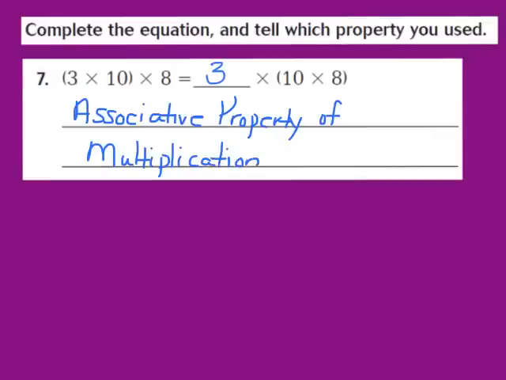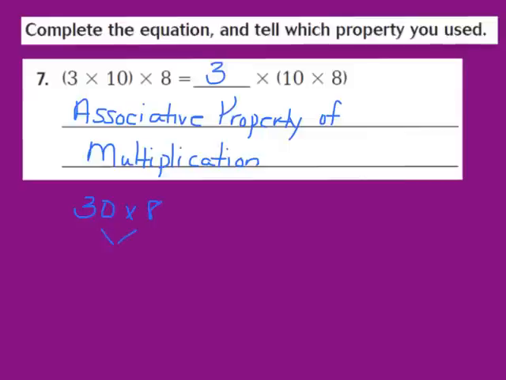Now, what I do want to point out is that on either side of the equal sign, both of the expressions must have the same value. So when I look at the first side of this equation, I know that when I multiply 3 times 10, that's going to give me 30. So I'm going to write down 30. And I know that I've got to now multiply the 30 times the 8.